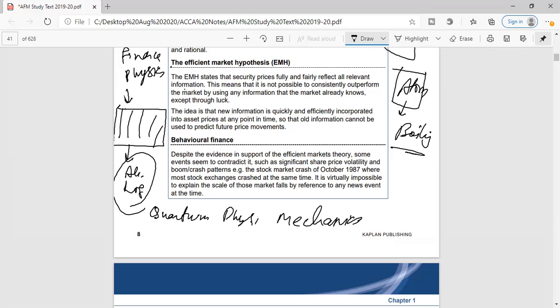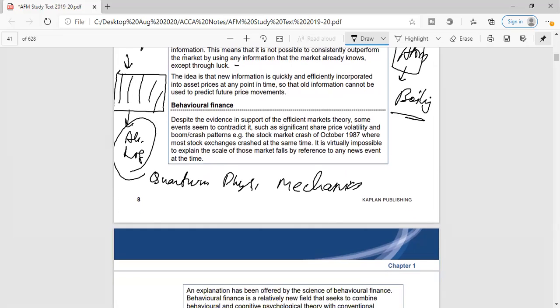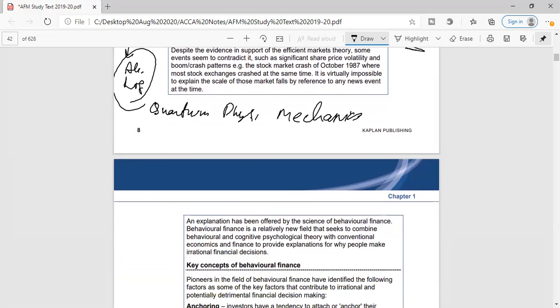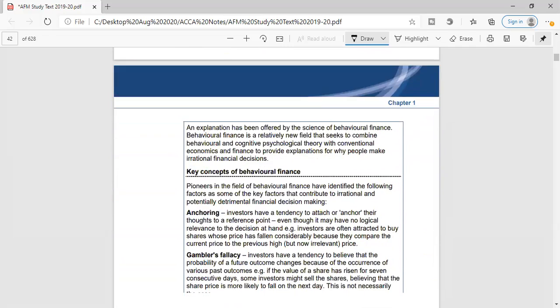Not all the information is properly priced. That's one thing. Next, behavioral finance. Despite the evidence in support of the efficient market theory, the stock market crashed. And that is because human behavior is predominantly impacting the market. And what are those human behaviors? We'll see in a minute.